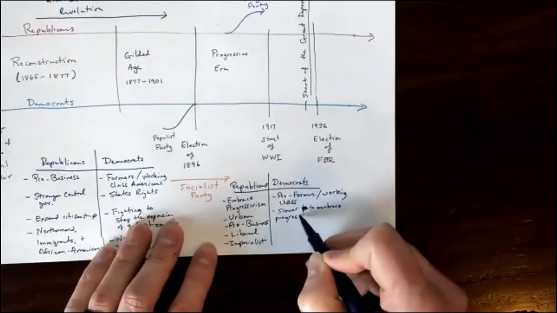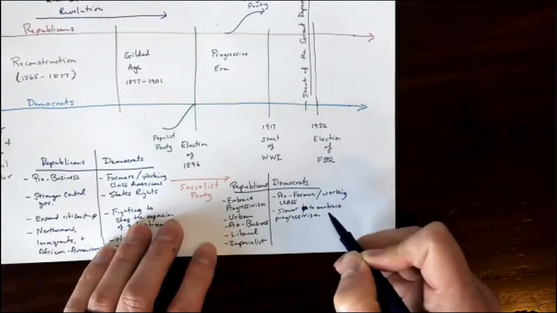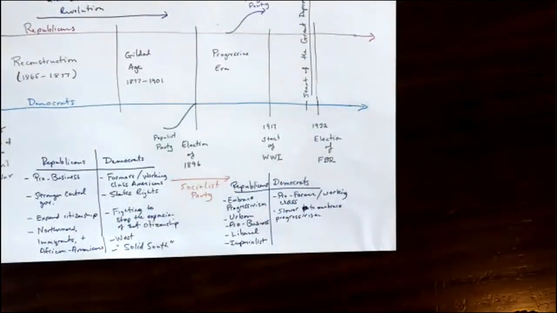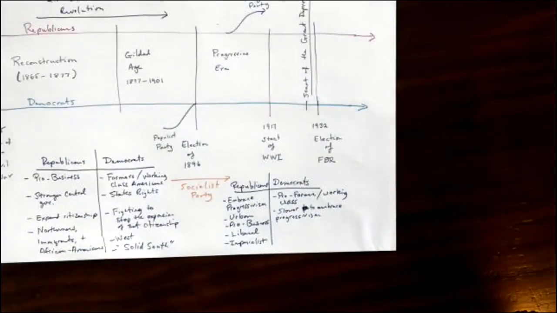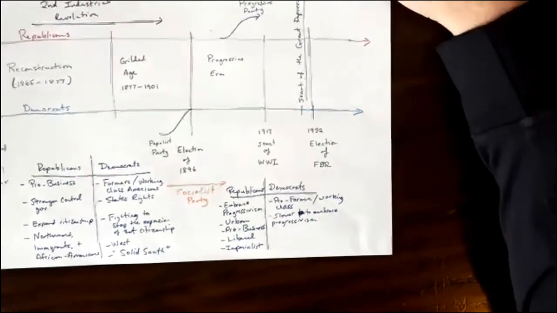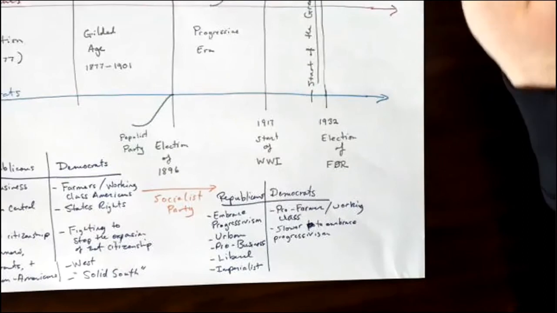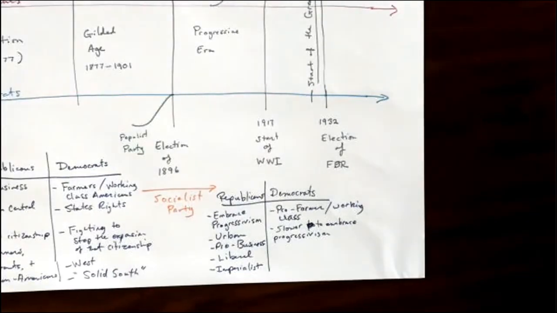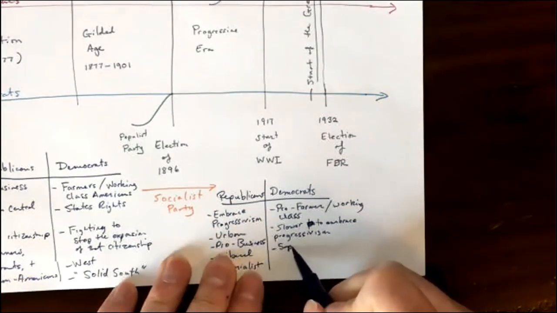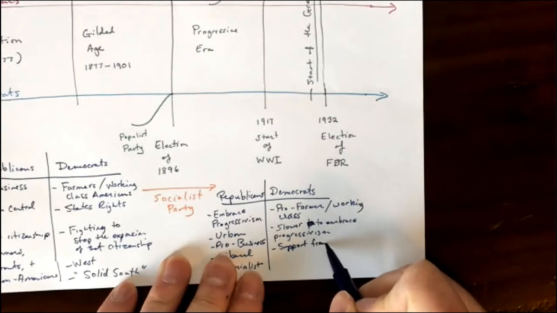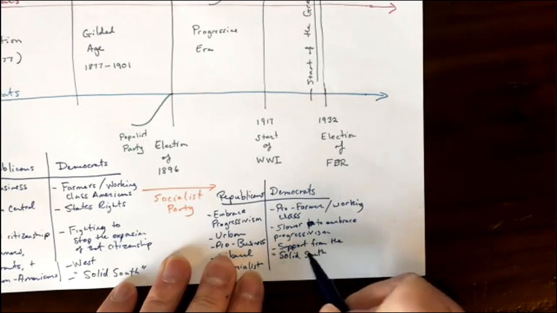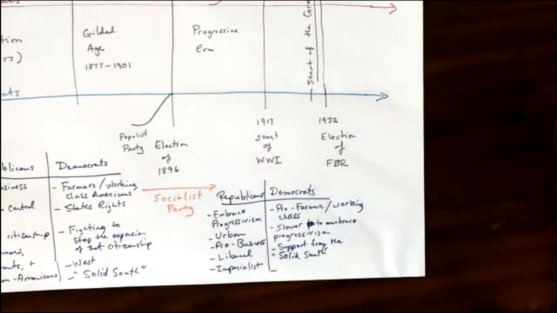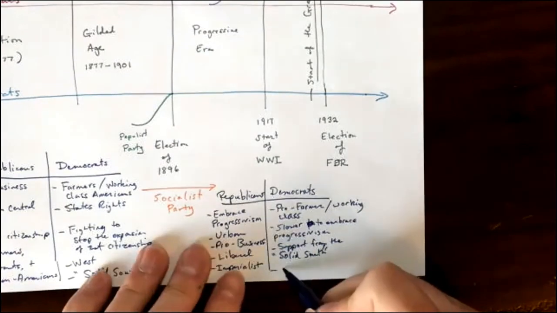But we do have a Democratic progressive president during this time period, Woodrow Wilson, who does accomplish a few progressive things, including the Clayton Antitrust Act and the establishment of the Federal Reserve. There we go. It's a little bit better. We also start to see continued support from the Solid South. And they're more likely to be anti-imperialist.